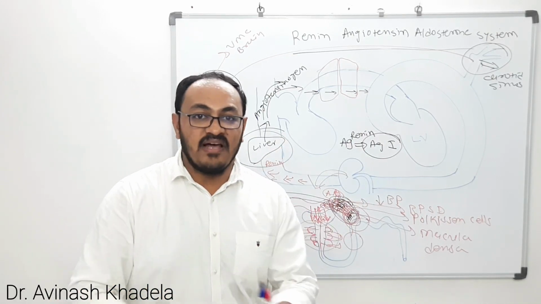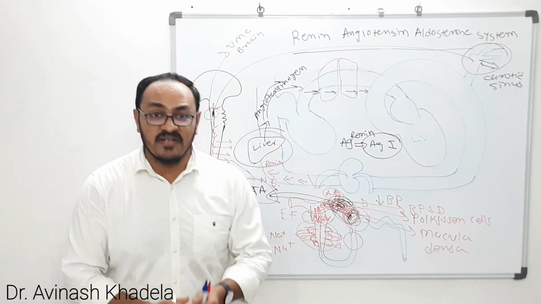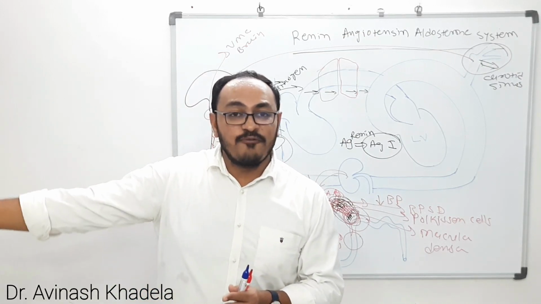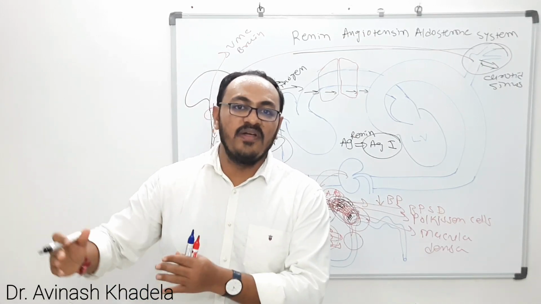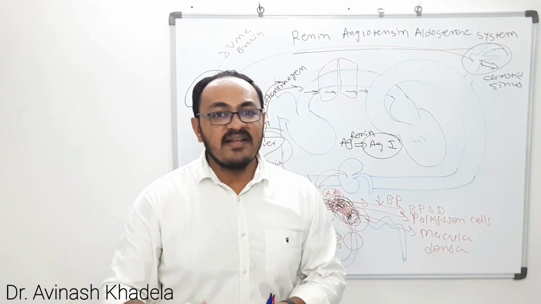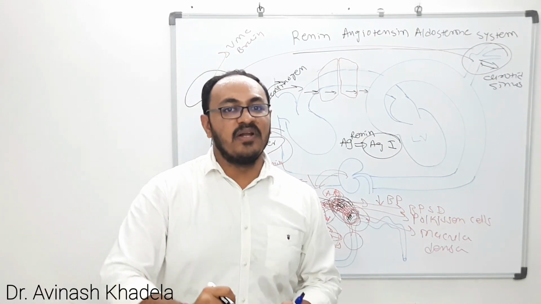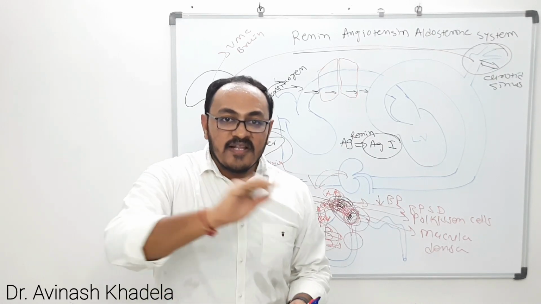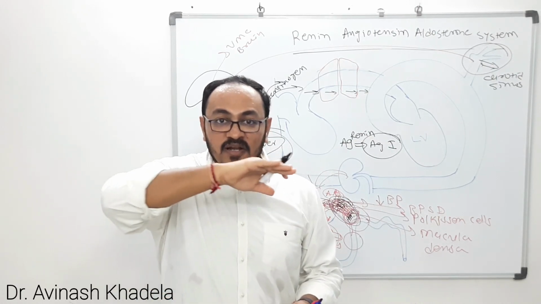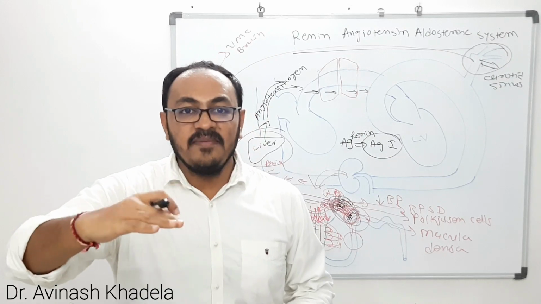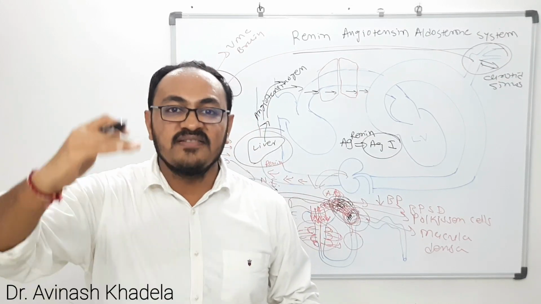Pulmonary capillaries are the capillaries present in the pulmonary system. Alveoli is a different component of the lungs. Alveoli doesn't have blood, it has air. Pulmonary capillary has blood, because the blood is passing through the lung, and this pulmonary capillary has endothelium, and this endothelium has angiotensin converting enzyme.